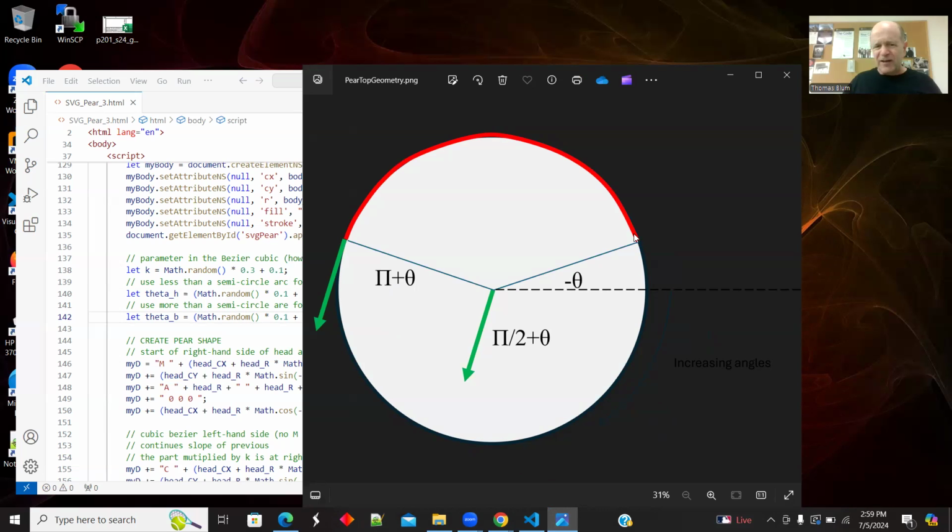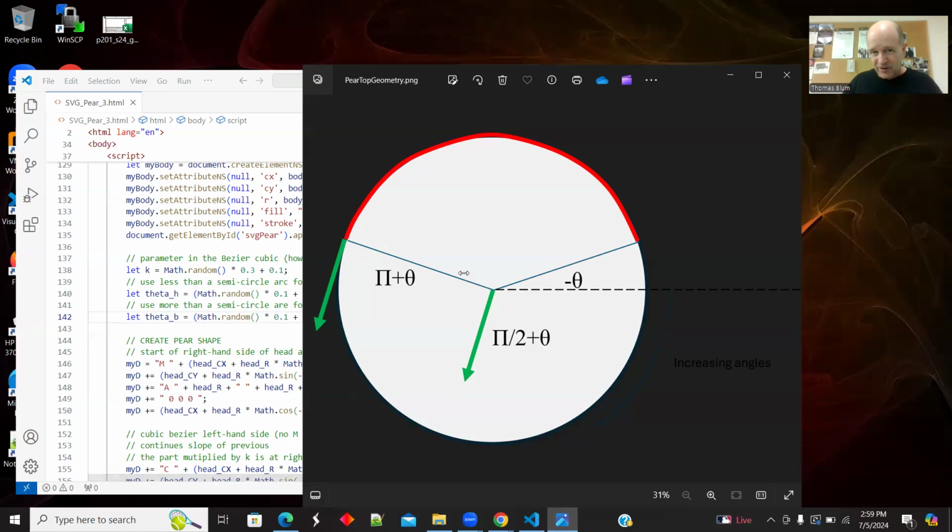So if I start on the right and go to the left, and remember, angles go down here, you can barely see, I have increasing angles go clockwise when you're doing computer geometry. So a negative angle comes up. Okay, so if I start here, when I draw this thing, I'm going to start at a negative angle, and then I'm going to go over to, again, I usually move, positive angles move in this direction.